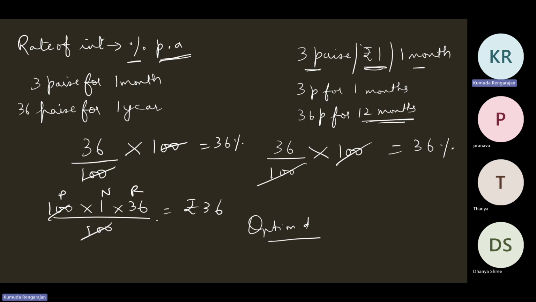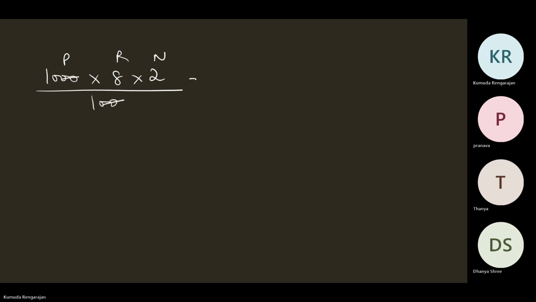Here also we should check if what's given there is right. 1,000 rupees is the principal, rate is 8%, time is 2 years. Principal into rate into time by 100: 1,000 into 8 into 2 by 100 is 160 rupees. Yeah, correct.